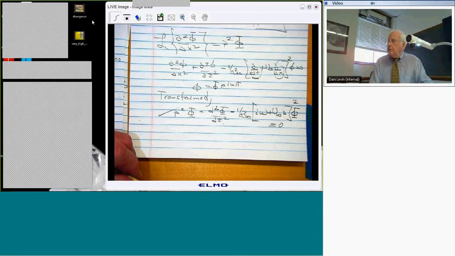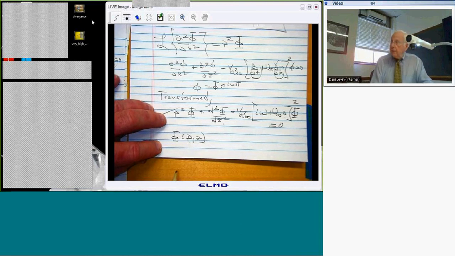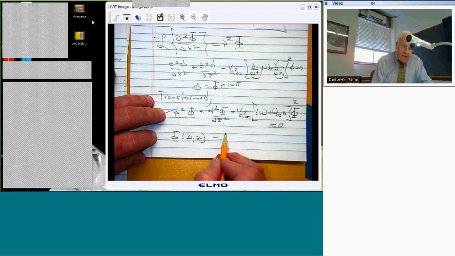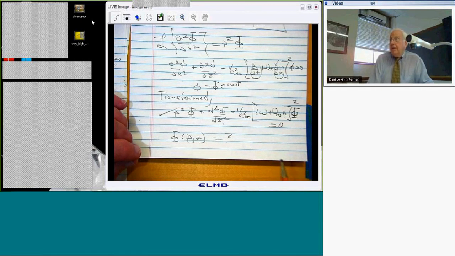Then I'll have an expression for phi, which, remember, is the Laplace transform, so it depends on P and Z. Then I'll do the inversion by looking it up in a table. It will turn out it will involve a Bessel function. I didn't say it's necessarily going to be sines and cosines.